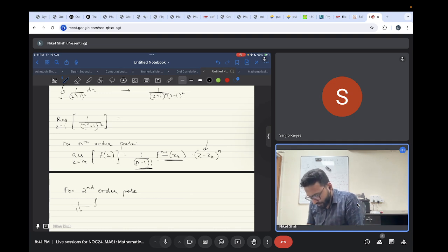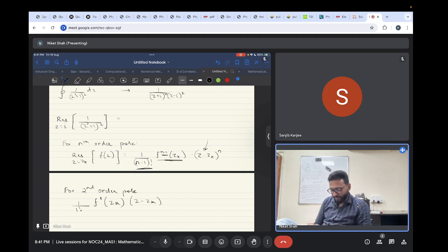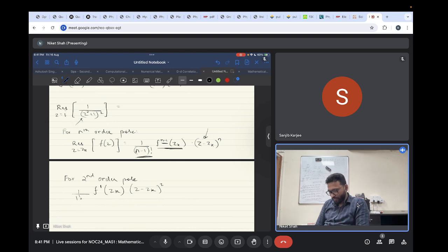First derivative f dashed at zk into z minus zk square, right? So now let's find the residue here. 1 by z plus I the whole square into 1 by z minus I the whole square.